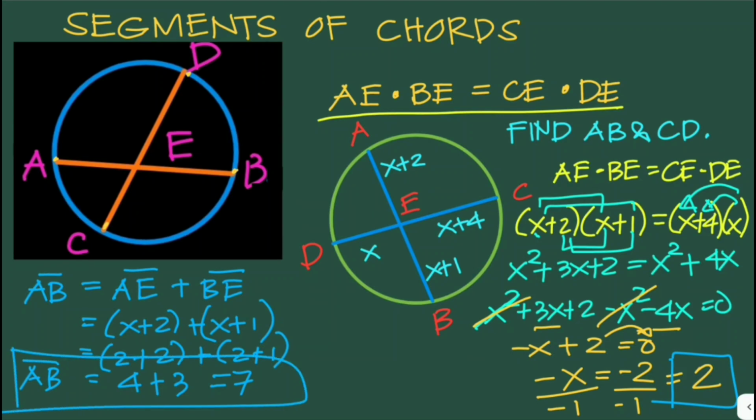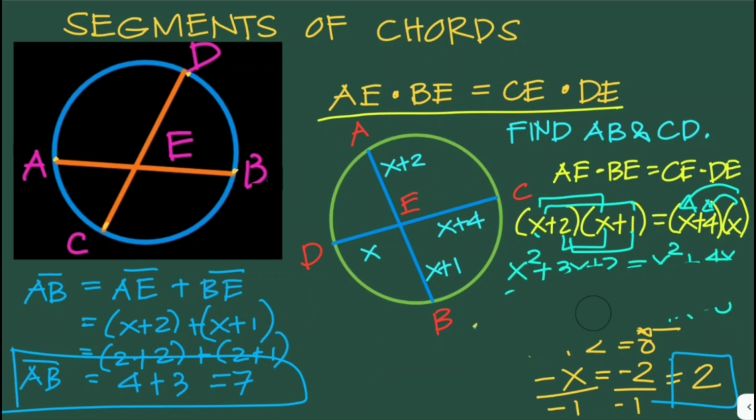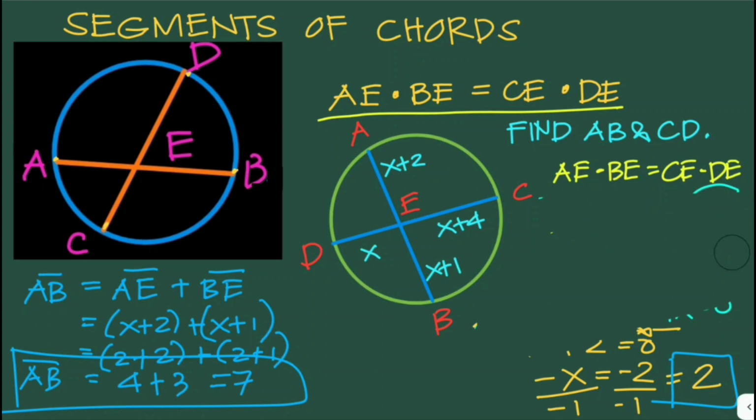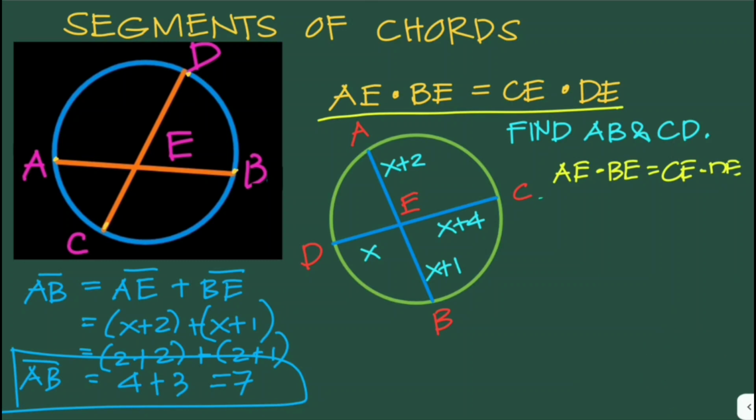And now for chord CD. Chord CD is just equal to CE plus DE.